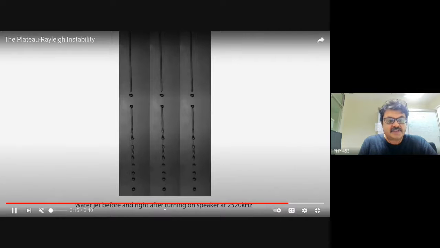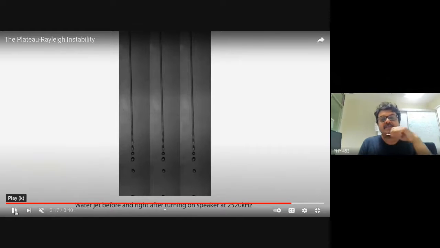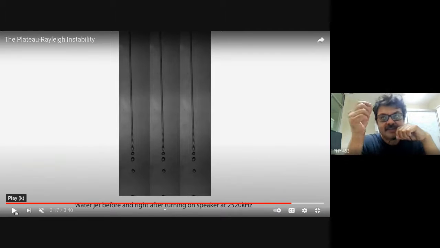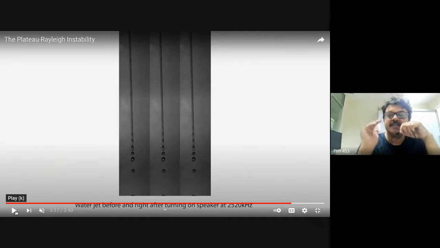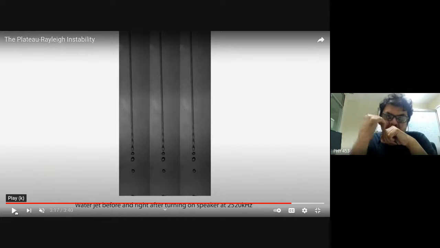The reason it breaks down into droplets is basically the surface tension effects. If there's a certain perturbation on the surface of the fluid, there's a pressure difference created due to surface tension, and the water flows from the high pressure to the low pressure region so that it forms droplets, and that decreases the surface tension energy.